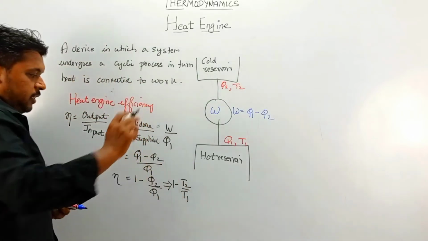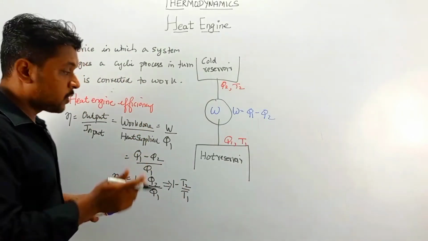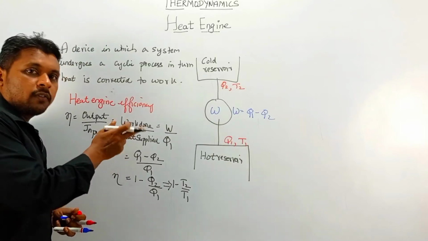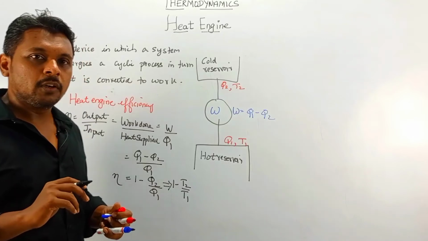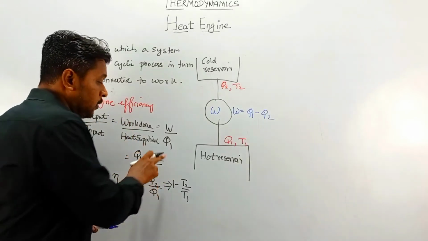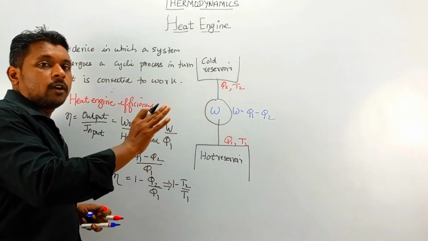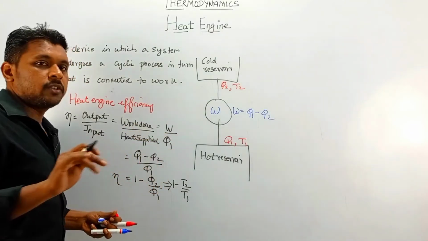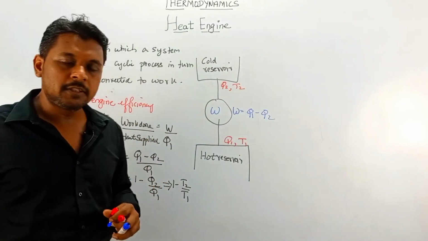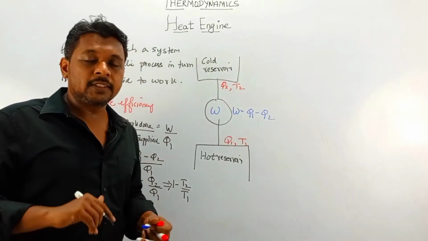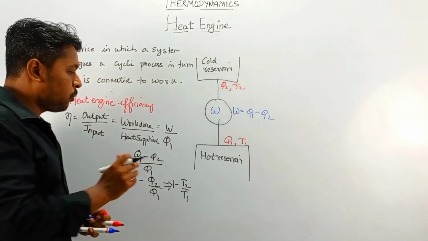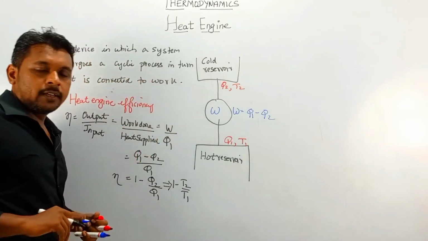That is the efficiency: for the amount of heat supplied, what is the work done? Now you can see that the total heat supplied will not be converted into work. 100% efficiency is not possible in a heat engine, because some heat is transferred as excess to the atmosphere, and only some heat is used to do the work.